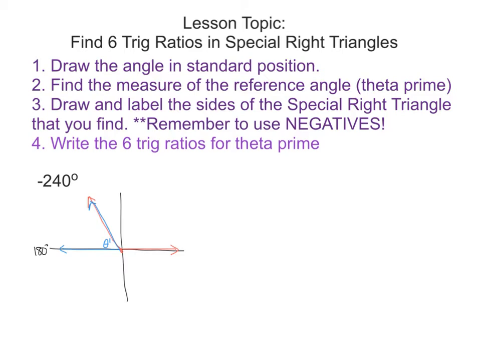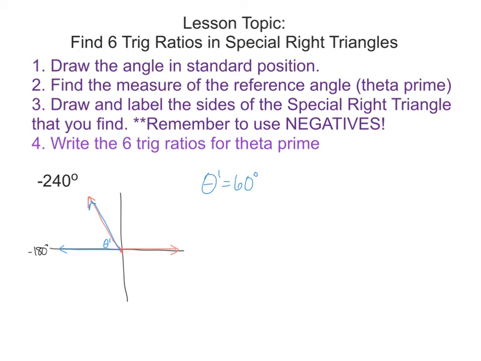If we were rotating counterclockwise, we would know that's negative 180. And we went beyond the 180. We're moving this red initial angle all the way to here. We went past the 180 degree angle. How far to get to 240? And that answer is 60 degrees. So we know theta prime is 60 degrees.